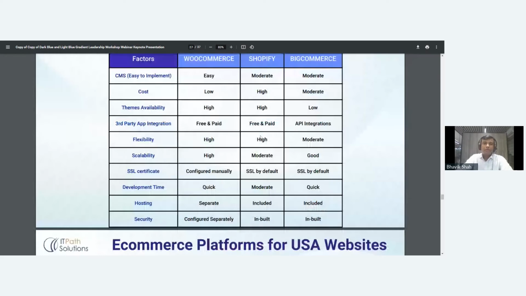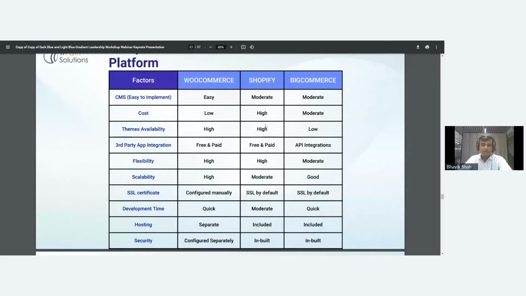As you can see, Shopify can be a good choice, but if you go with Shopify, then comparatively cost will be high, themes availability will also be high, and development time will be comparatively higher as compared to WooCommerce. But yes, if you want to go with Shopify, we have experts with Shopify as well who can help you develop your e-commerce platform.